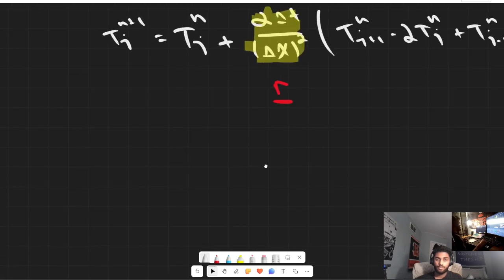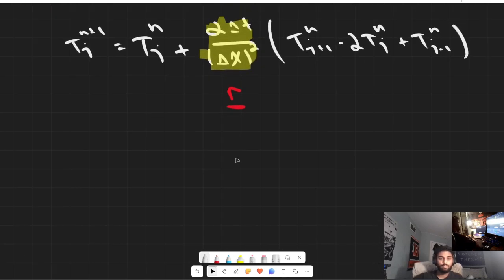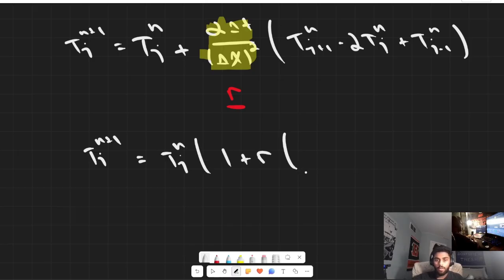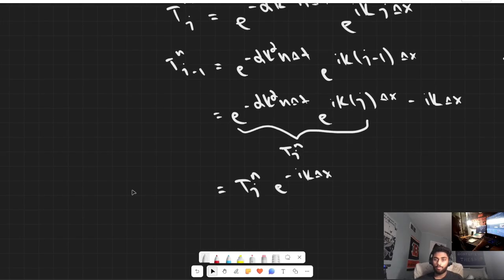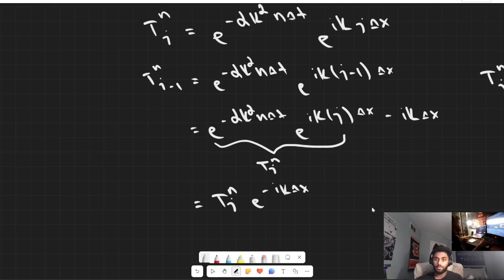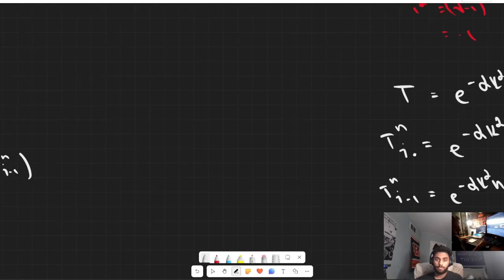So actually I'm going to just do this here. Why not? So Tj^(n+1) is equal to Tj^n times (1 plus r). And basically now we're going to be pulling Tj^n out from this expression and this expression here.